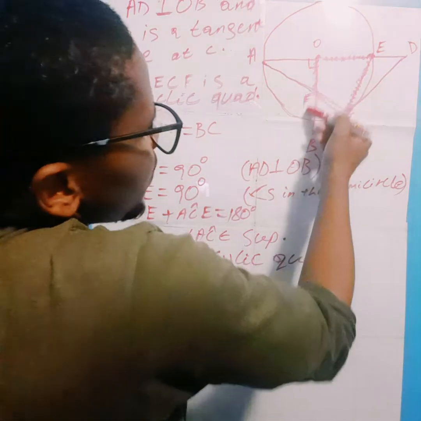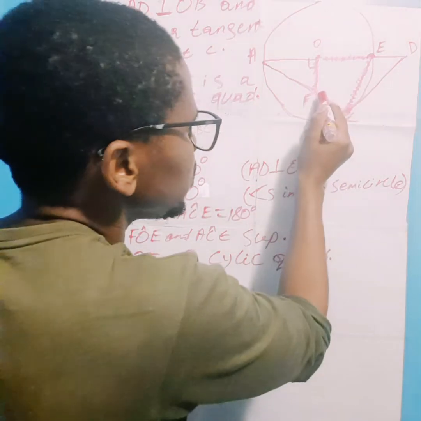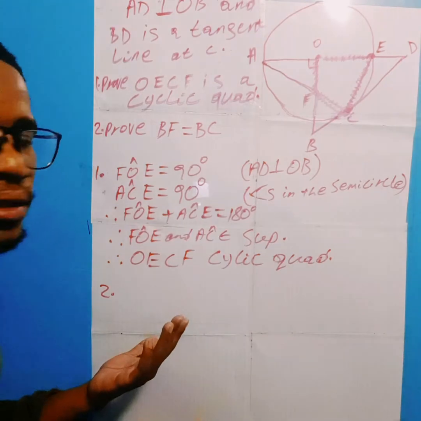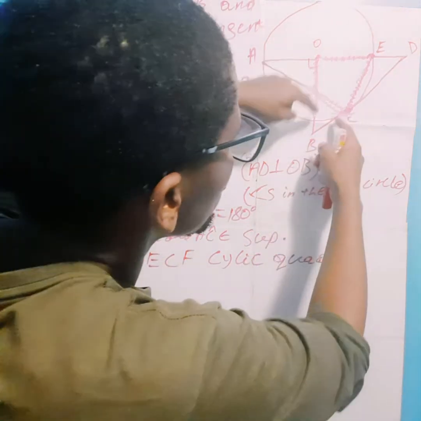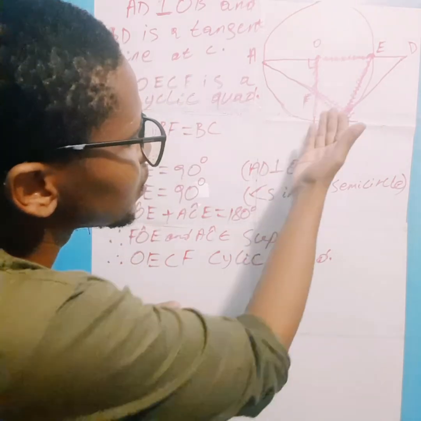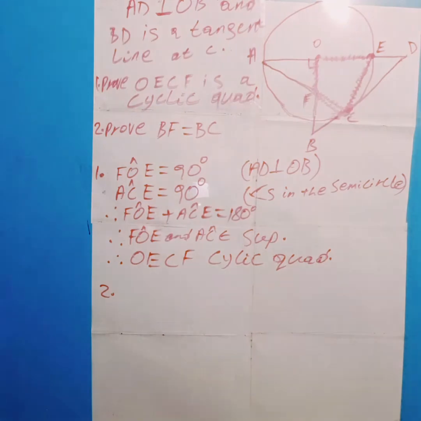Now you have a triangle here. If you can show that these two angles here are equal, that will mean that these two lines are also equal, because this triangle is an isosceles triangle.